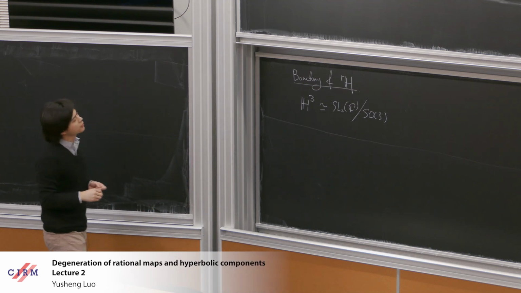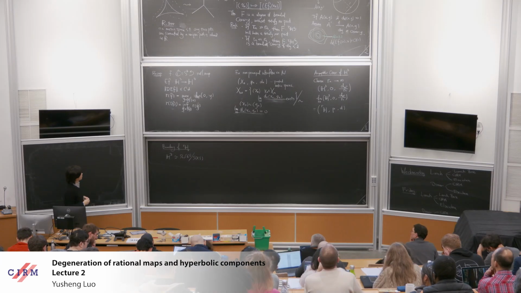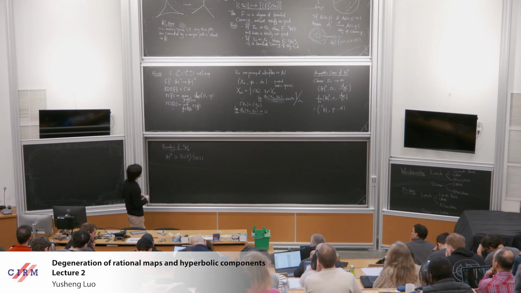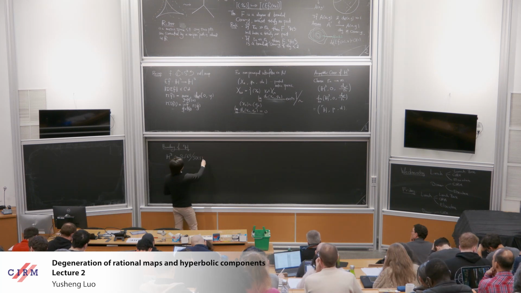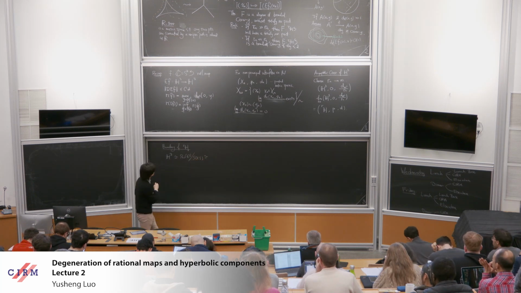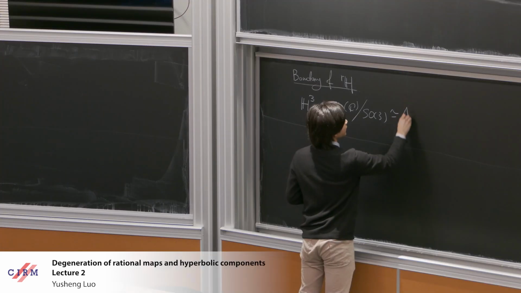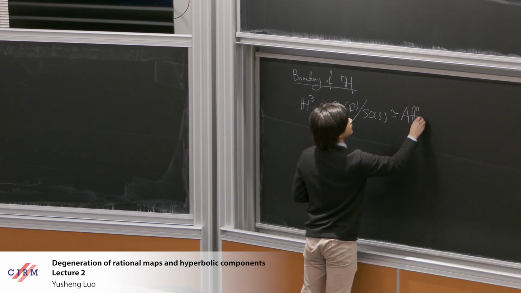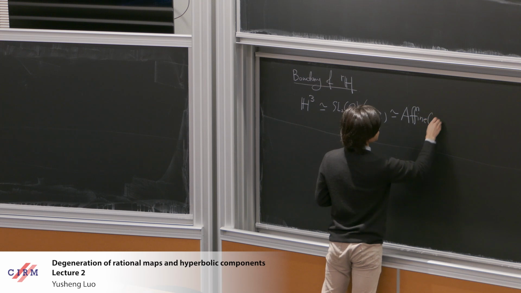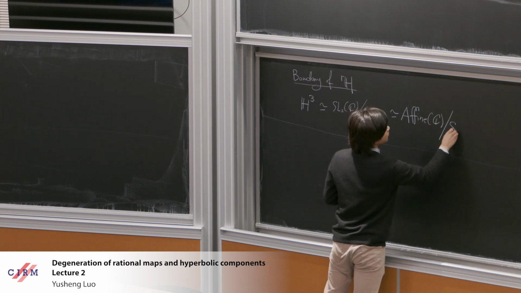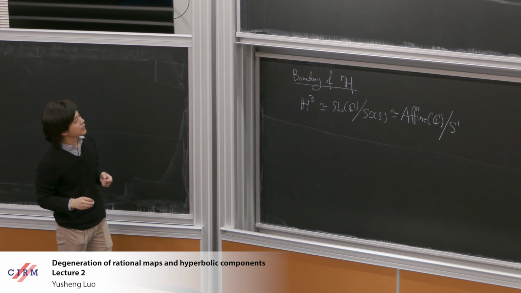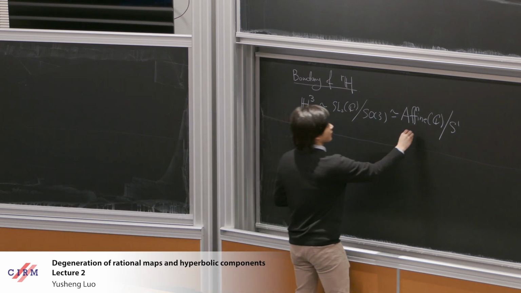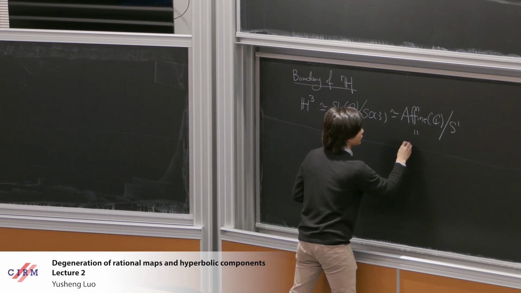In the Poincare ball model, we have the Mobius maps acting on it, and the stabilizer of a single point is SO3. But in the Poincare upper half space model, we can also identify this with the space of affine transformations of the complex plane modulo S1. And what this really is, is the space of disks.